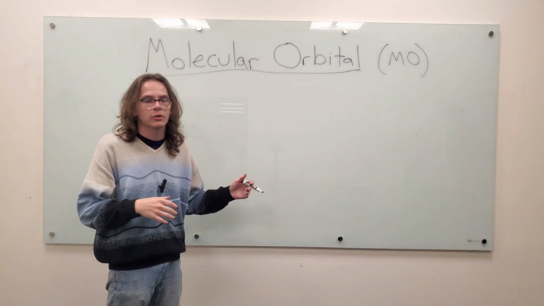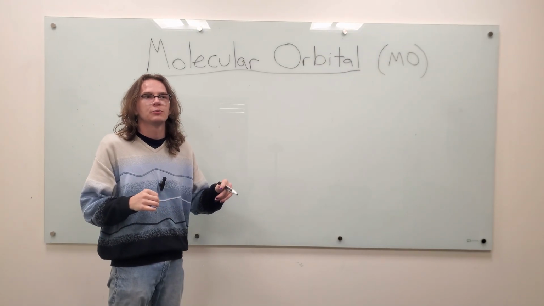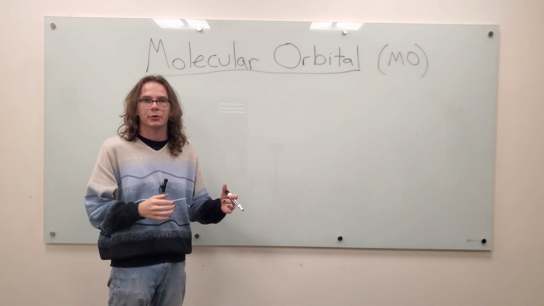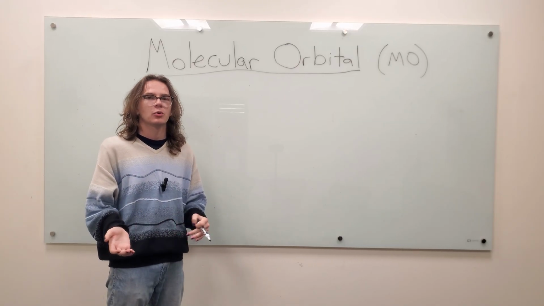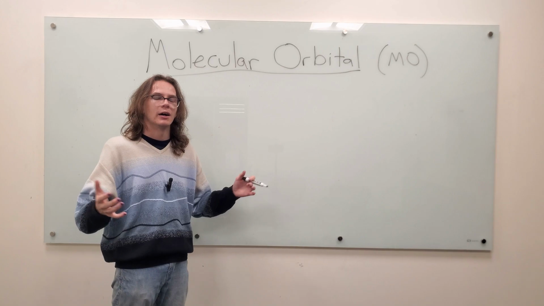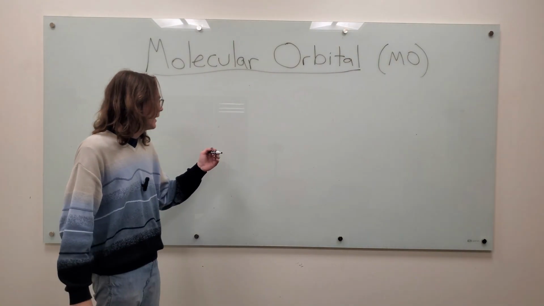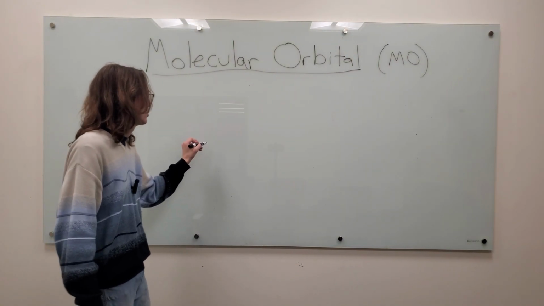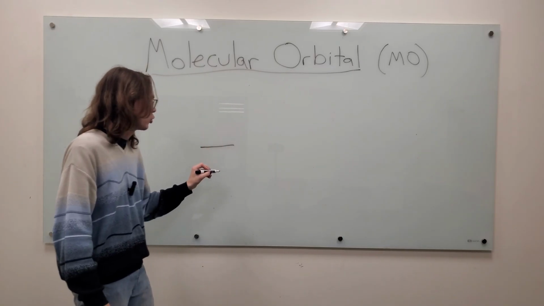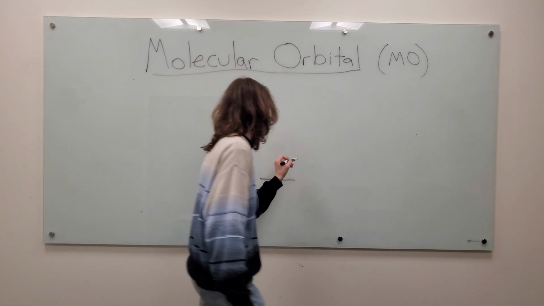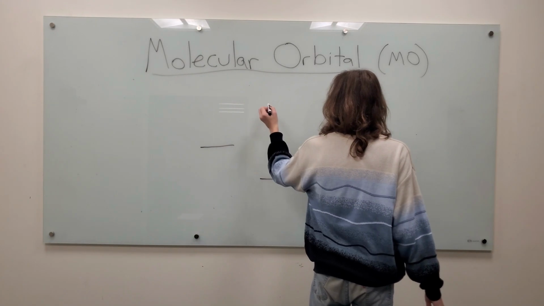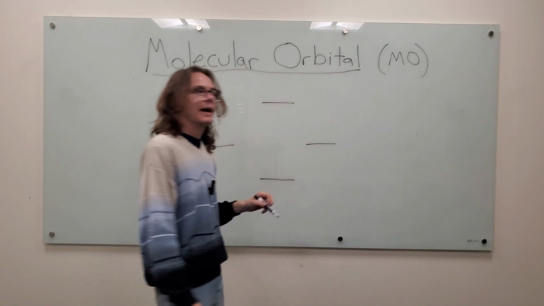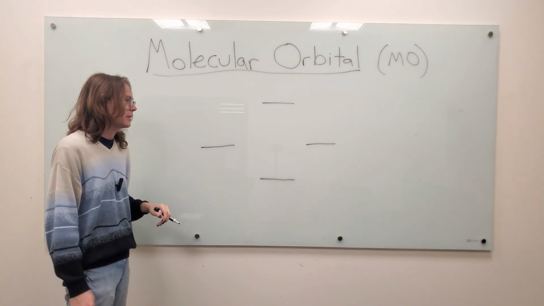Now, when we talk about molecular orbital theory, it is also useful in determining something called bond order. Essentially, bond order is just how many bonds a molecule will have. And we can determine bond order using something called an orbital diagram. An orbital diagram looks something like this.